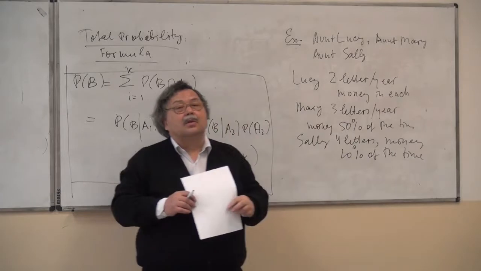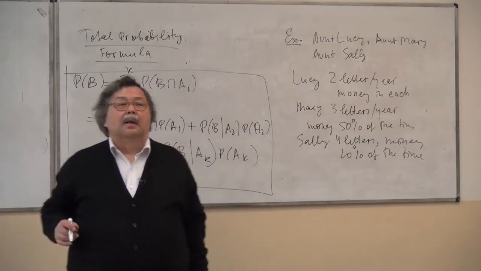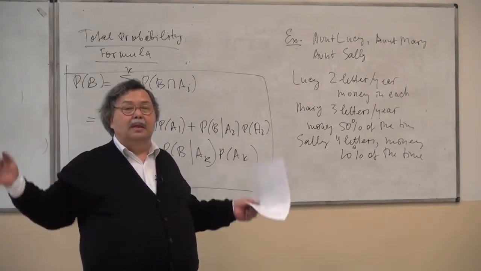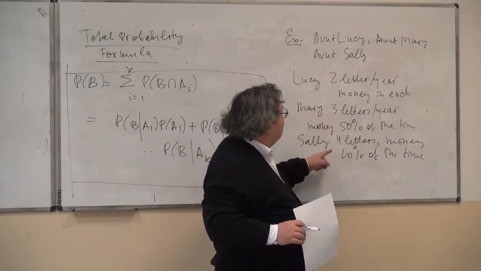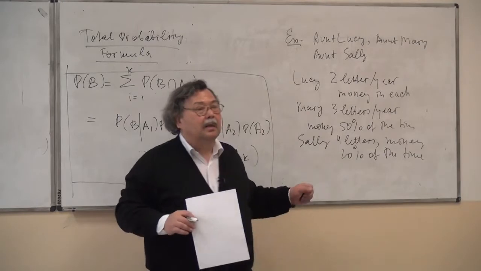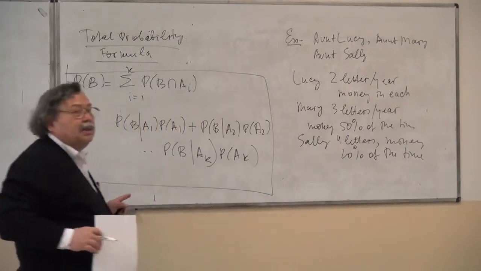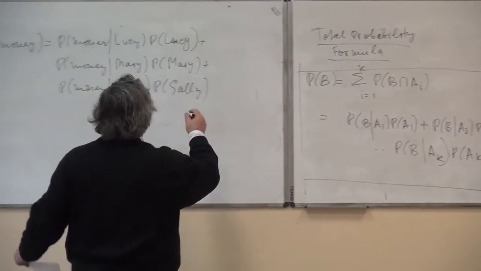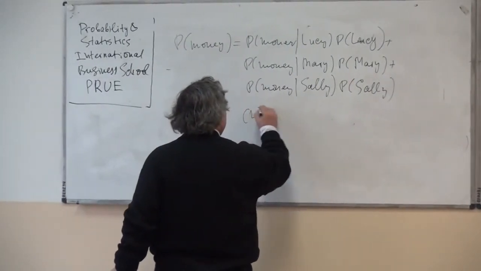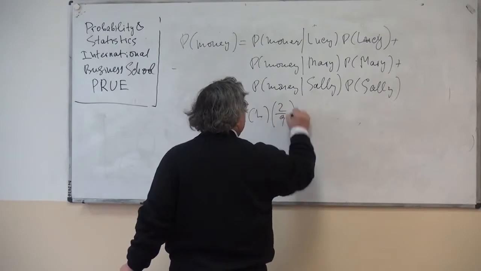Aunt Lucy sends 2 letters a year. And how many letters do all the 3 aunts send a year in total? It's 2 plus 3 plus 4, which is 9. So the probability that this particular letter comes from Aunt Lucy is 2 over 9. This first term is 1 times 2 over 9.